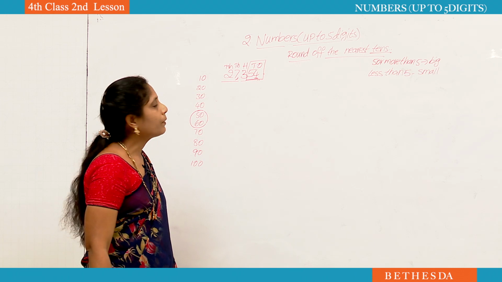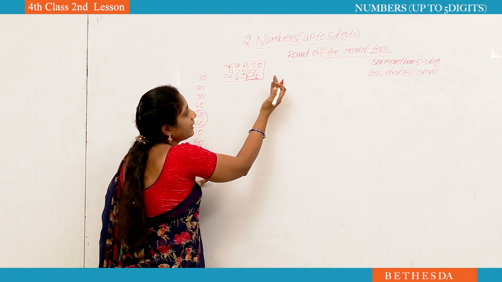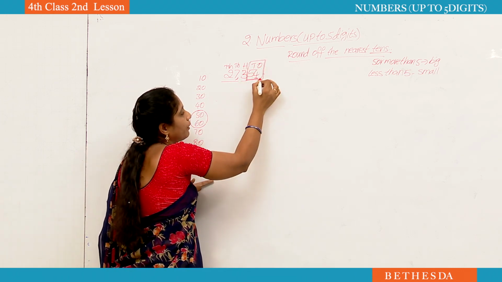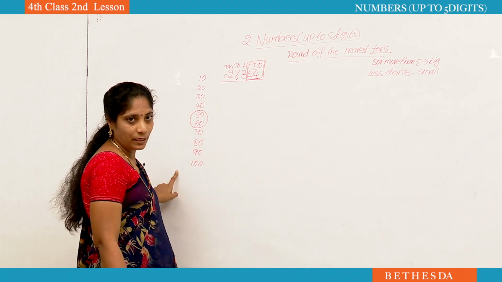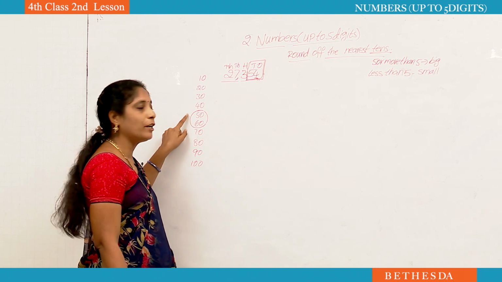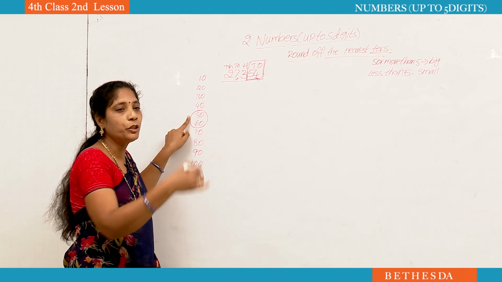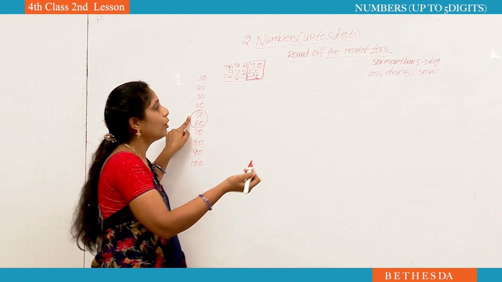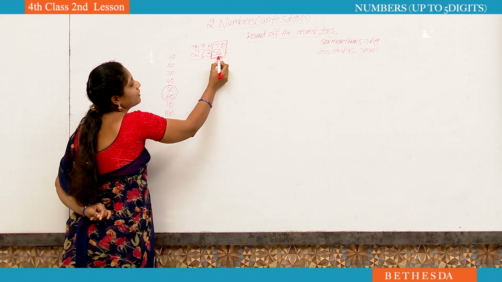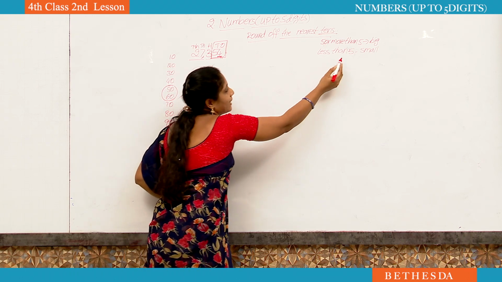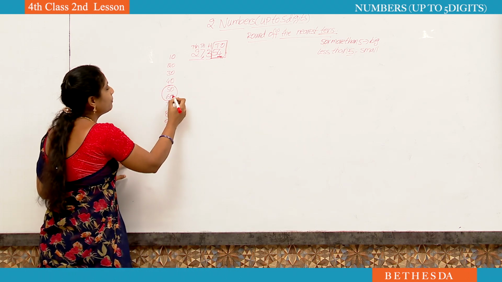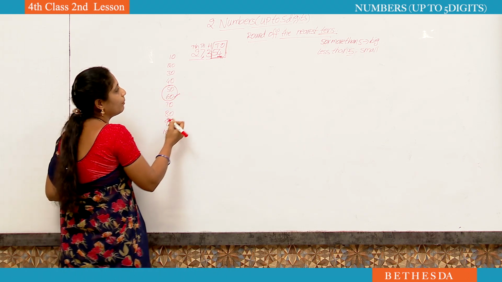Did you understand? While we are finding the nearest tens, we have to circle from the tens place. Then you have to write the tens numbers. We have to find out where it is, and from these two numbers, which number we have to write. For that, if you observe, the ones place number is 4. 4 is less than 5. That's why from these two numbers, we have to take the smaller number.